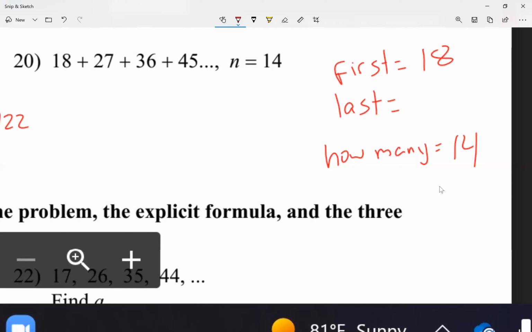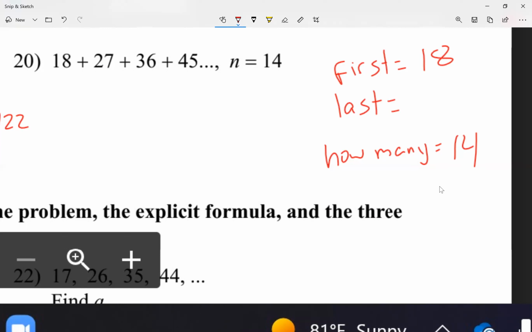In order to find the last number of my list, I need to know the common difference. From 18 to 27, I added something. From 27 to 36, I added the same thing, and from 36 to 45, I added the same thing. You can already tell, great, that's a common difference. If you cannot tell, choose a number from the list and subtract the previous number.